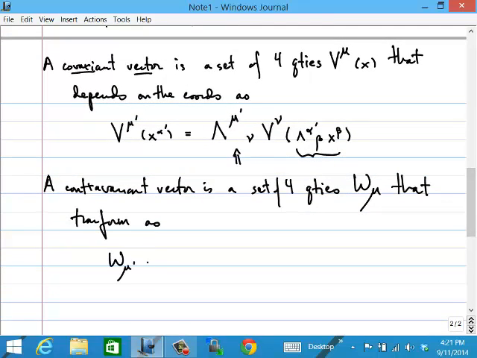So in the primed coordinate system, if you think of W mu as a function of the primed coordinates, you just get this same lambda matrix multiplied by W in the unprimed coordinates. And it's important to notice that this matrix here is almost but not the same as that matrix here, because I've raised and lowered some indices.